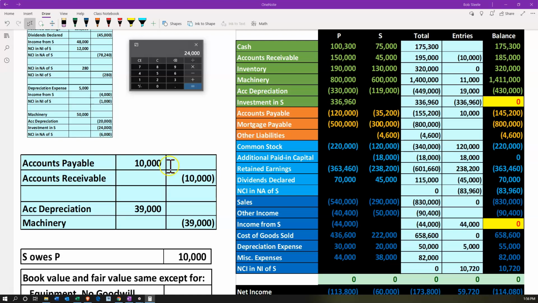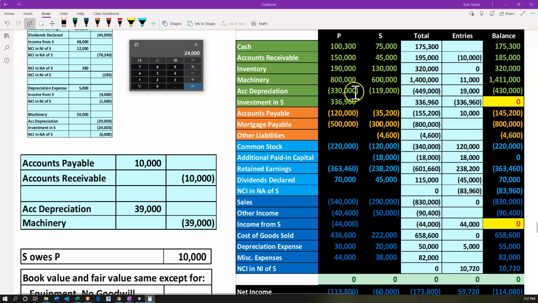So you might be thinking, why aren't we dealing with accounts receivable in that process? Well, we can kind of think of accounts receivable separately, because I should be able to look at accounts receivable, and let's say that if S owes P, we should be able to look at the accounts receivable sub-account, breaking out the receivable by customer, and we should be able to then see the amount that is owed to P by S. We should be able to see that there.